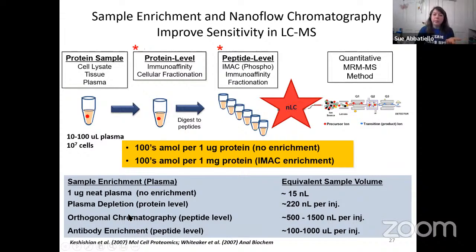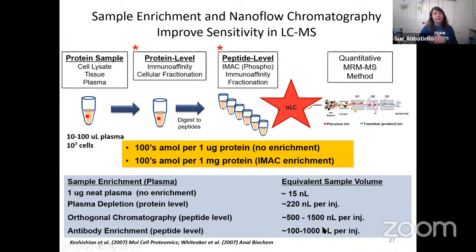But if we were to do a protein level enrichment, so for plasma, let's take away the top 14 most abundant proteins to look at the more interesting ones. If we bring that sample after depletion back to that same starting material volume, it's about 220 nanoliters of neat plasma equivalent per injection. If we do the orthogonal peptide level chromatography, now it looks like the equivalent of what we would be loading if we hadn't done the enrichment is between 500 and 1500 nanoliters.